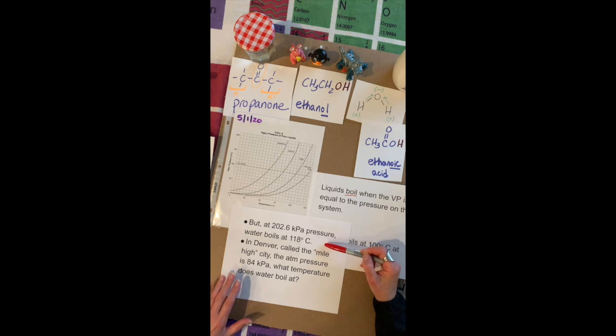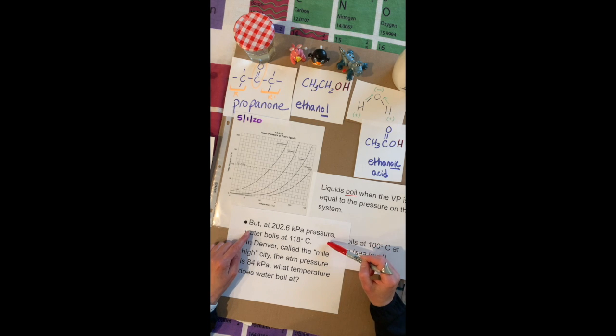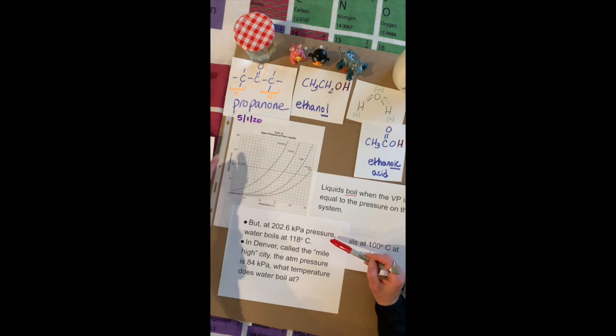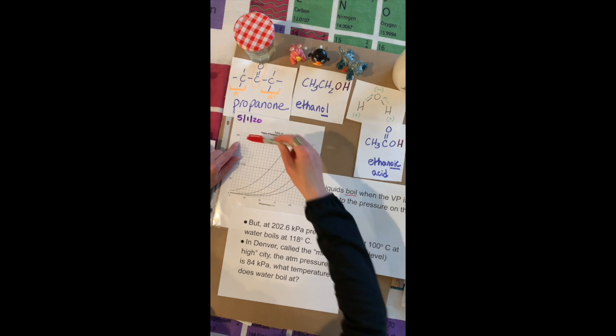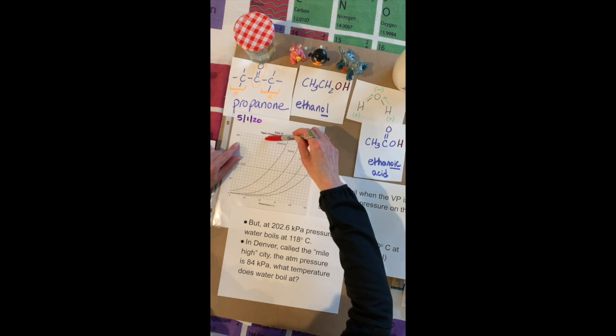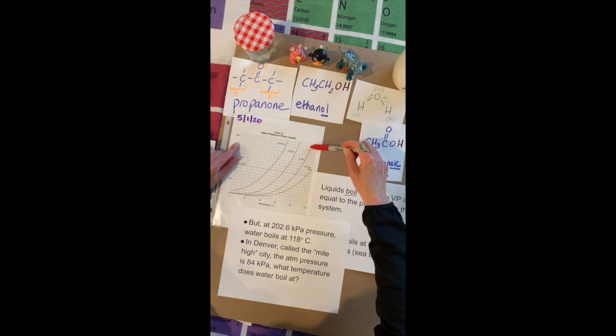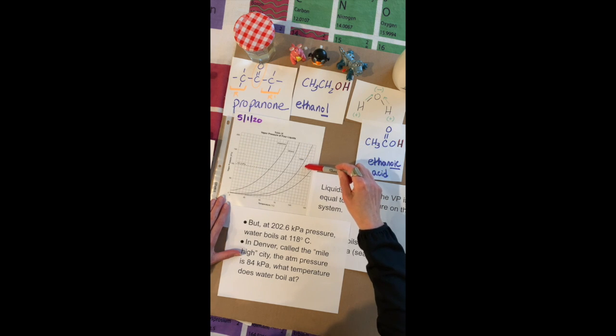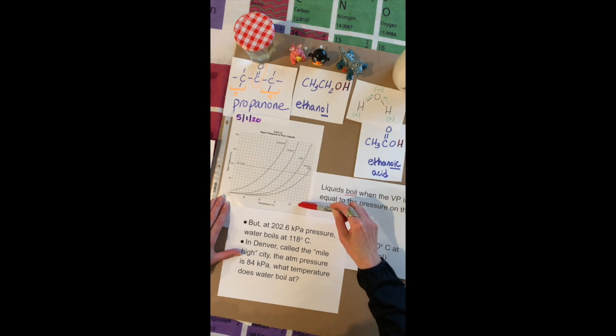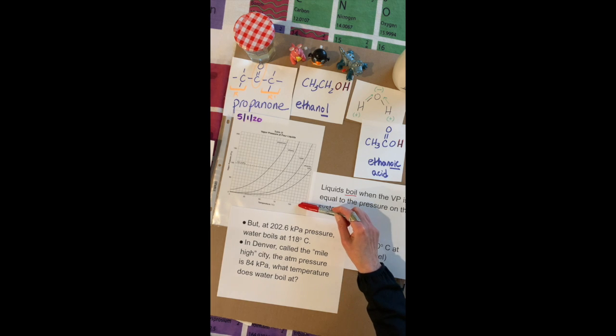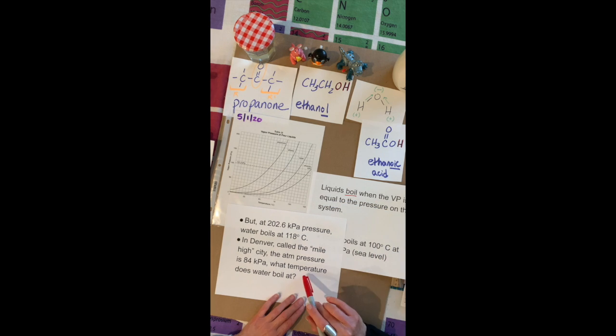But at 202.6 kilopascals, what temperature does water boil? 118 degrees Celsius. Let's look. Roughly a little over 200. Read over to the water. You're coming down here and you're approximately at 118 degrees Celsius.